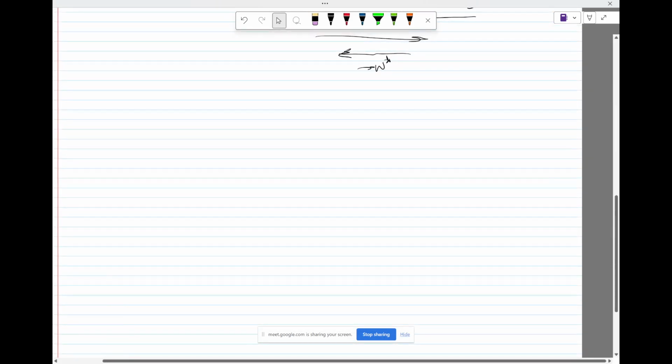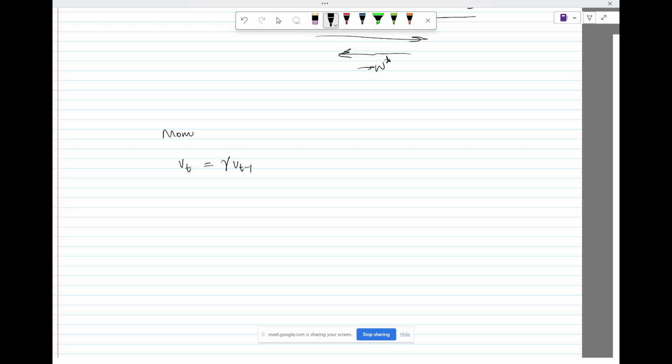So in momentum you have this term: Vt is equal to gamma times Vt minus 1, this is the momentum optimizer, plus eta times the gradient. Then Wt plus 1 is Wt minus Vt.